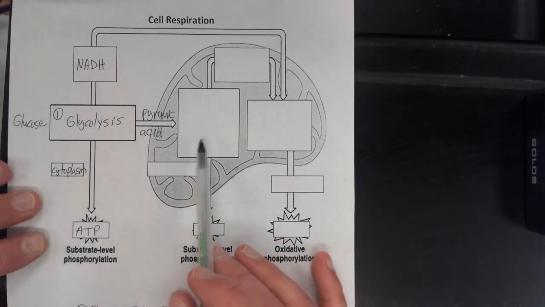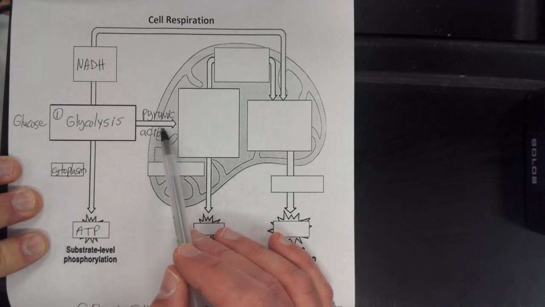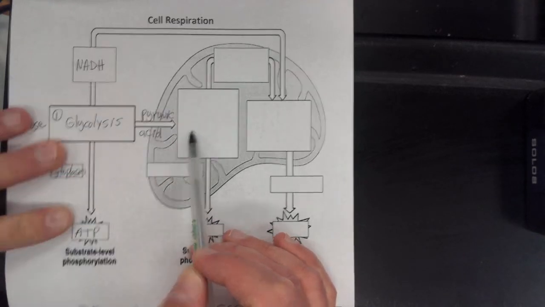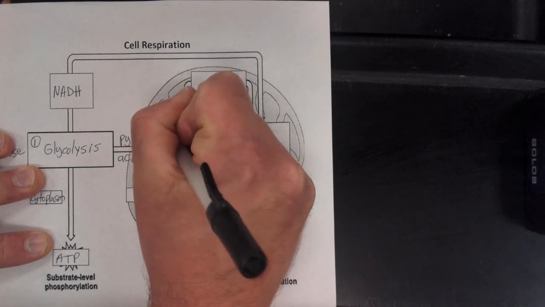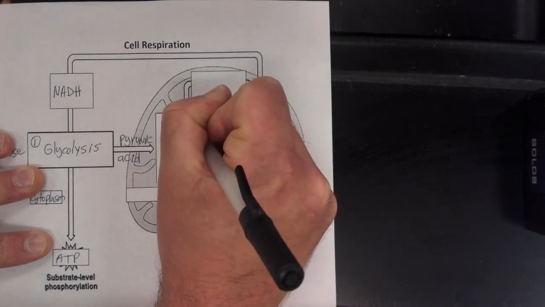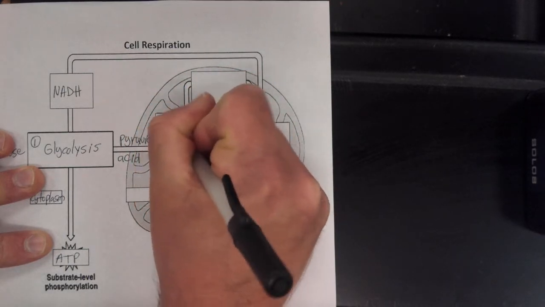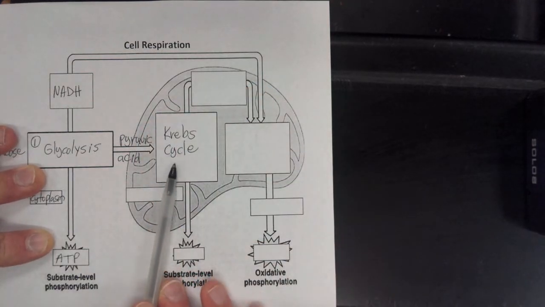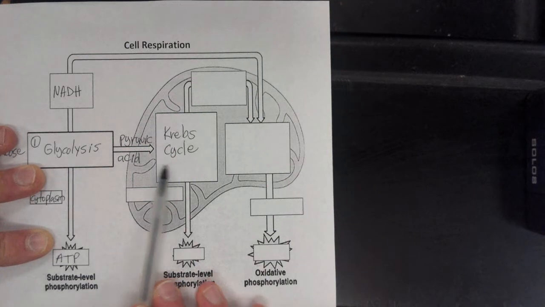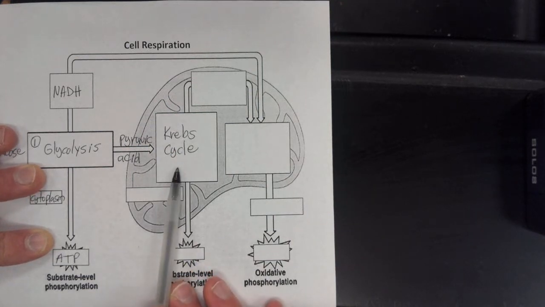Okay, now if oxygen is present, pyruvic acid will enter the mitochondria where it goes through what's called the Krebs cycle. Named after Hans Krebs, who discovered this chemical reaction, takes place in the mitochondria.